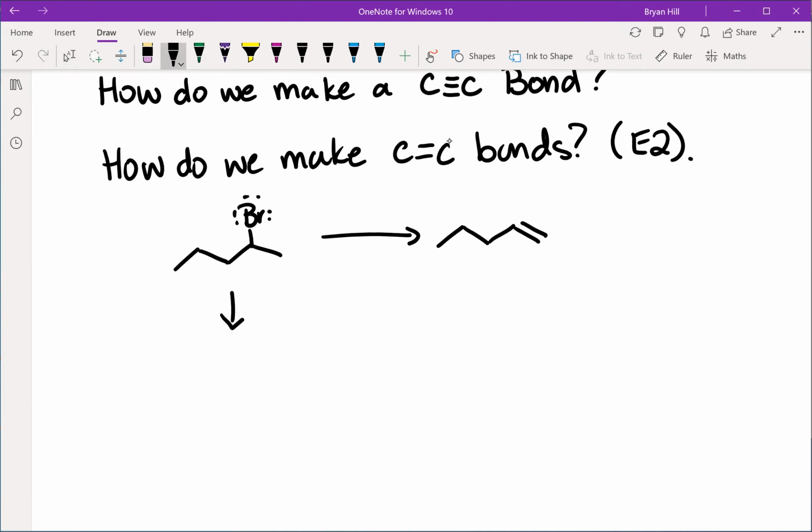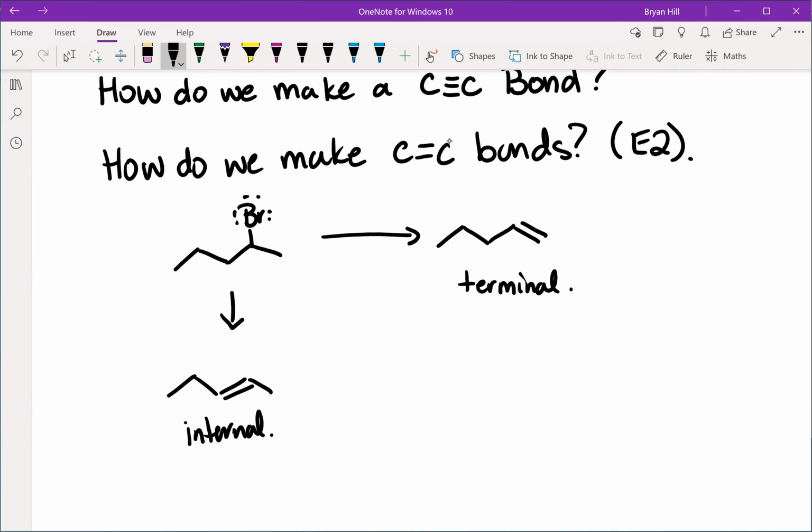We can make this, or we could make this. We would just use a base, and depending upon the type of base we used, we could make the terminal or the internal double bonds.